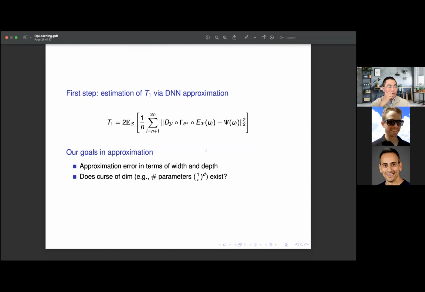For the approximation theory, we can apply some existing neural network approximation theory to answer the question of how large this T1 would be. Actually, we can apply some existing approximation theory for some given width and given depth to quantify the error. And our attention is whether the curse of dimensionality exists here.